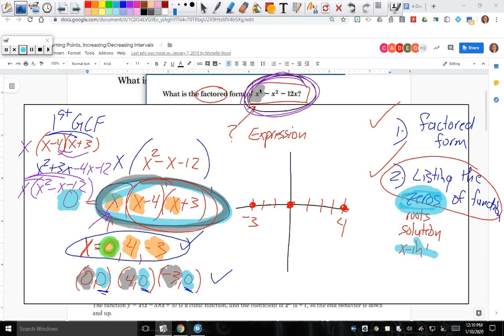So you could see something like this on a quiz or the test. And if you did, from these x-intercepts that we've already plotted, we would be able to draw it. Okay? As I go to the right, it's going to do what? Go up. It's going to increase. How do y'all know that?